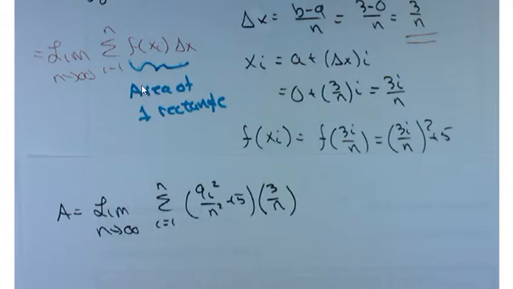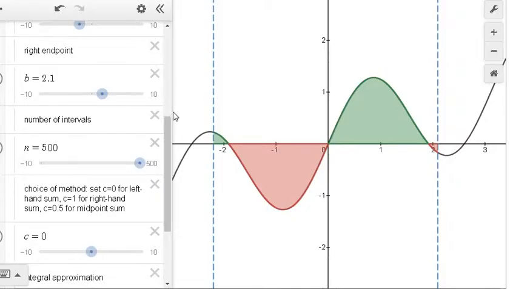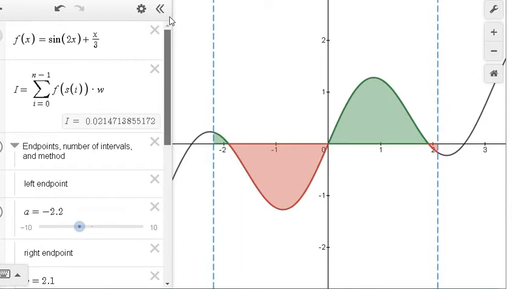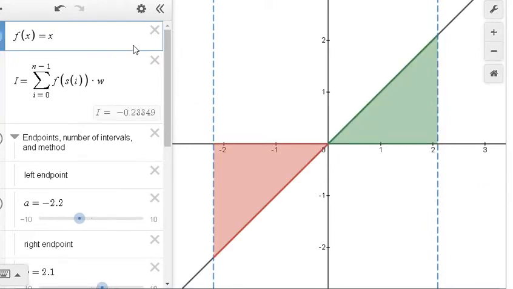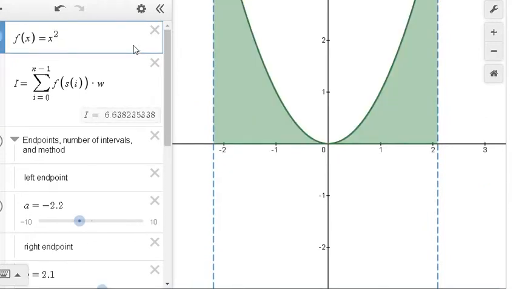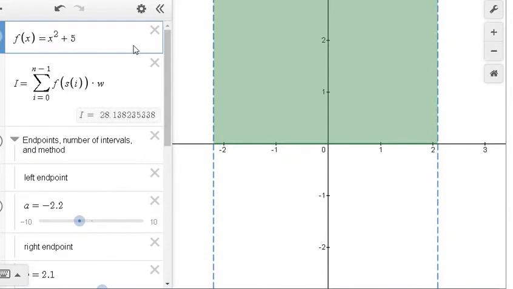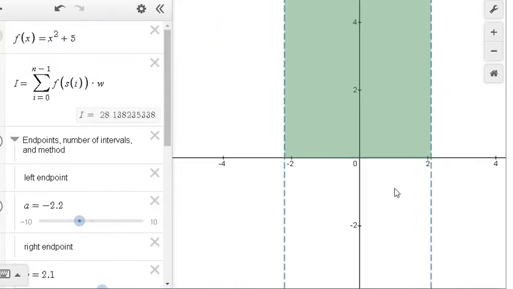We're going to take the limit as n approaches infinity, and we're going to get the exact area underneath that curve. In fact, let me see if I can't tweak something here for us. Let's go up here, and I'll change this to our actual function. x squared plus 5. And we can zoom out a little bit.